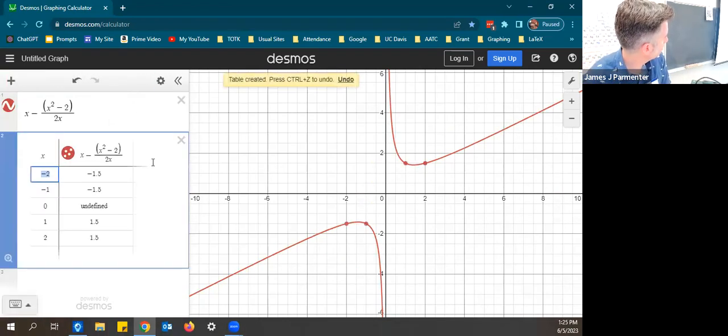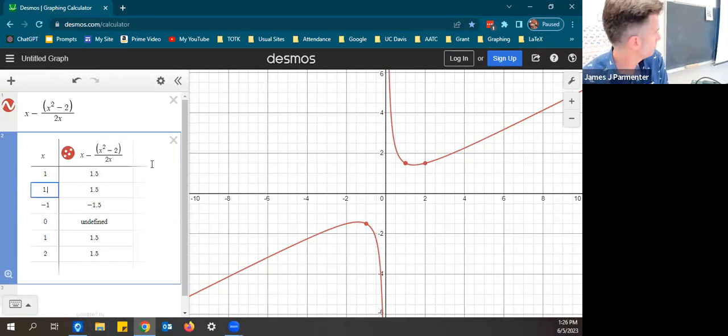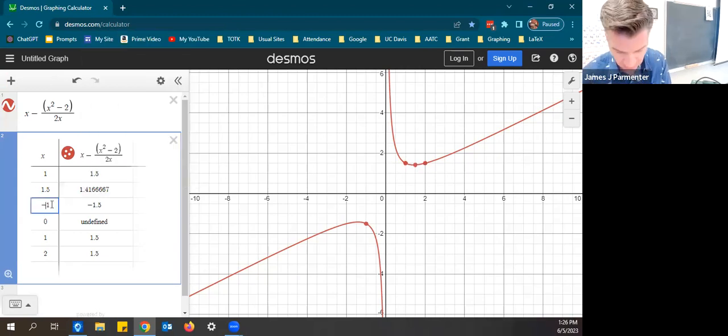Give yourself a table. Okay, here's my first guess. Okay, well, great. So 1.5. So here's my next guess. Great. Now, you don't want me to copy that? Garbage. Well, fine then.